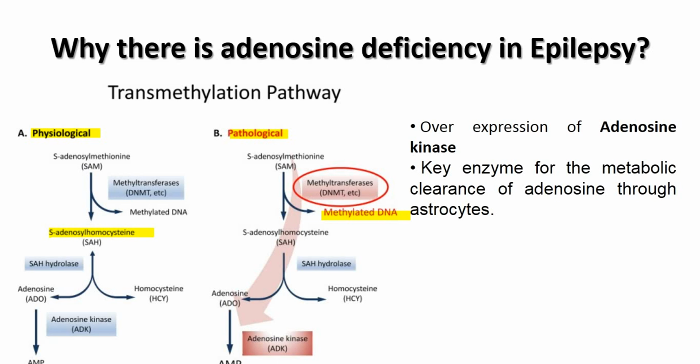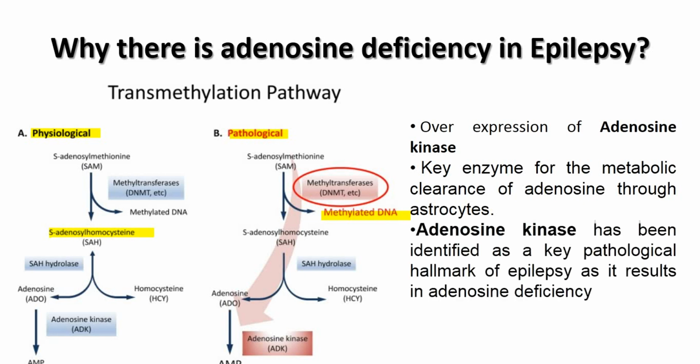So, obviously, when there is overexpression of adenosine kinase, the metabolic clearance of adenosine would take place, and automatically any molecule that gets metabolically cleared will always fall short, or there will be deficiency. So, adenosine kinase has been identified as the key pathological hallmark in epilepsy.